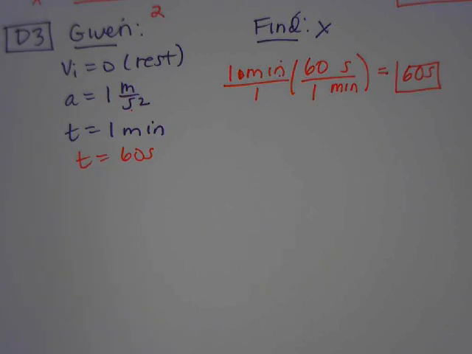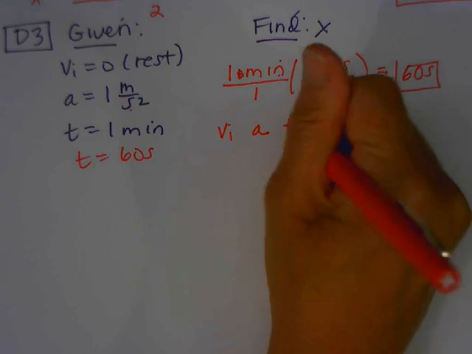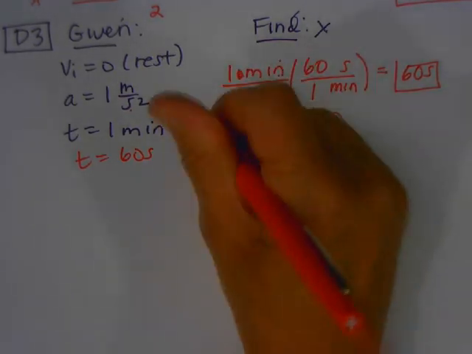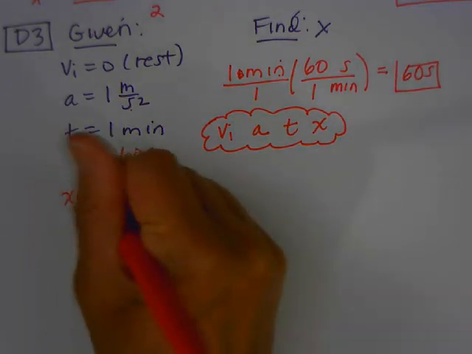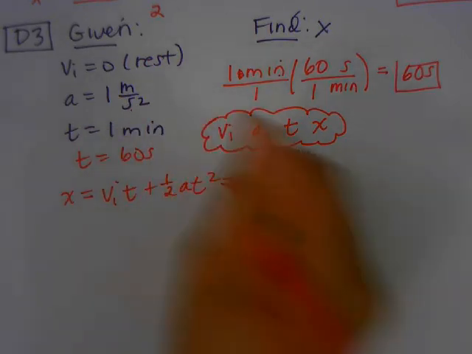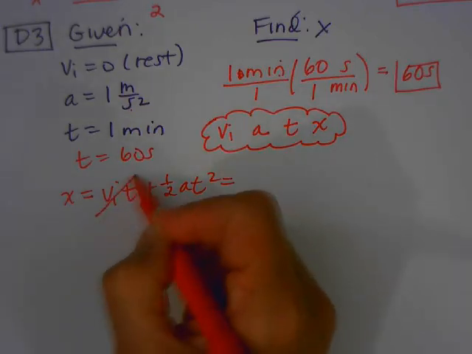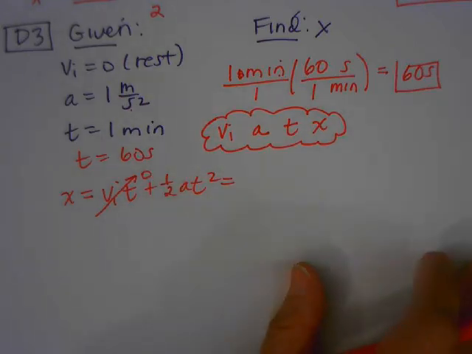All right, so now let's get back to the physics. I have vi, I have a, I have t, and I want to find x. So I'm going to look at all my equations on my blue sheet and ask which equation has those 4 variables. It's x is equal to vi t plus 1/2 a t squared. Now, anything times 0 is 0, so this whole term goes to 0. We do an upward arrow to the right, which means something goes to 0.